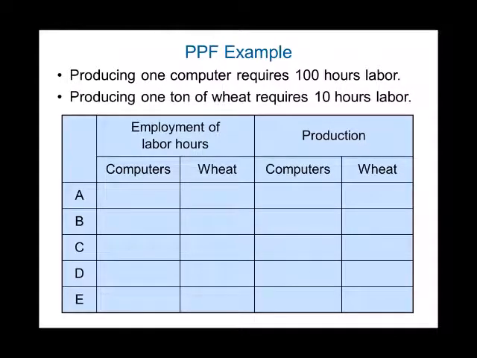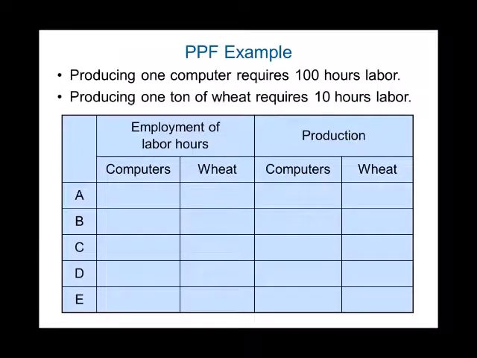Let's say that to produce one computer requires 100 hours of labor. To produce 1 ton of wheat requires 10 hours of labor. So basically, to produce one computer, I need 10 times more labor than to produce 1 ton of wheat.